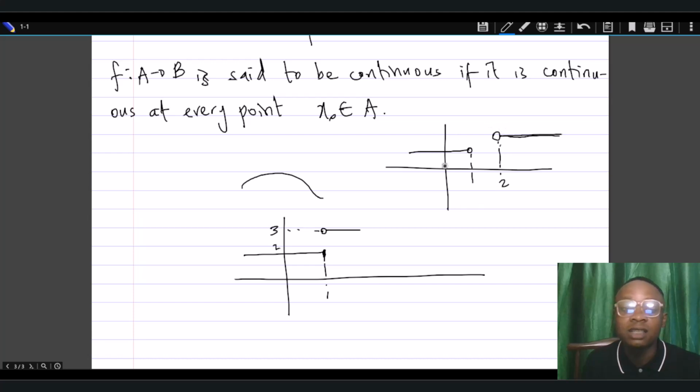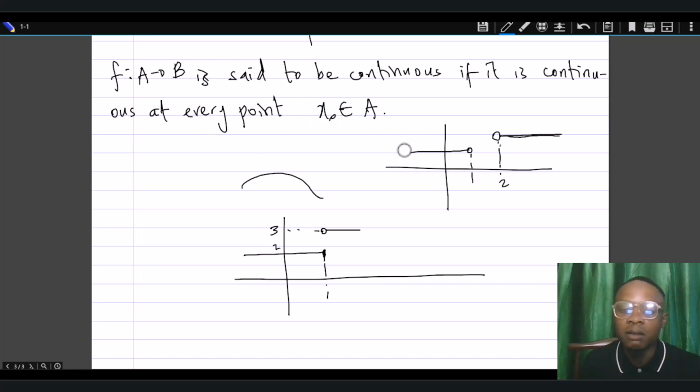So we still regard that function as a continuous function, because if it is not defined here, that means the function does not have this portion as part of its domain. Because this portion is not part of its domain, we will say that the function is still continuous everywhere in its domain, at every point in its domain.